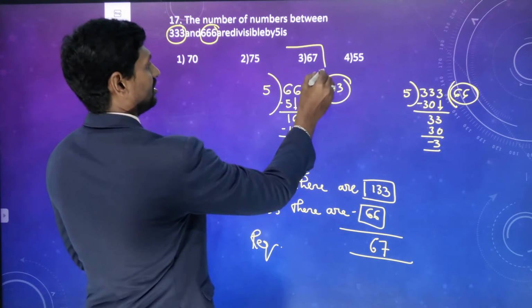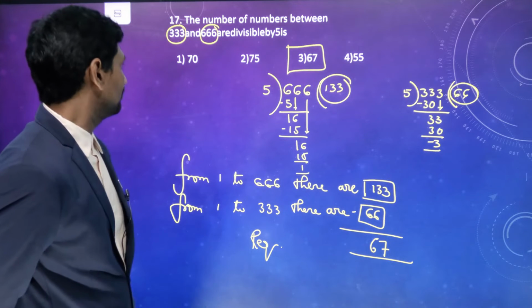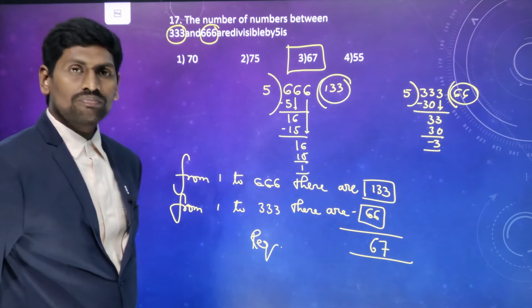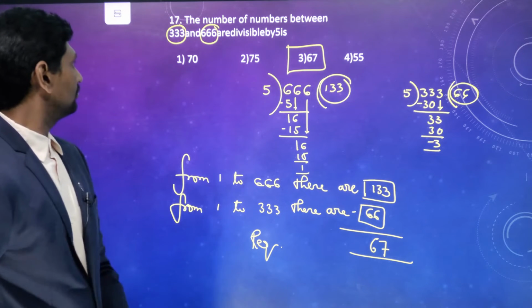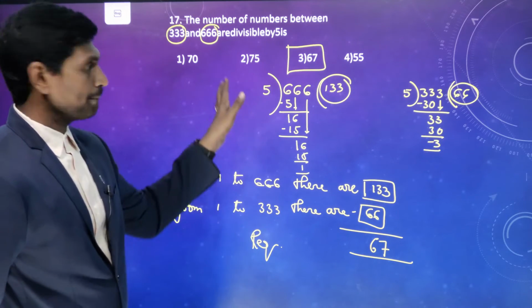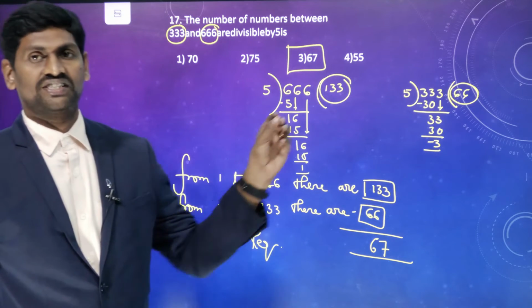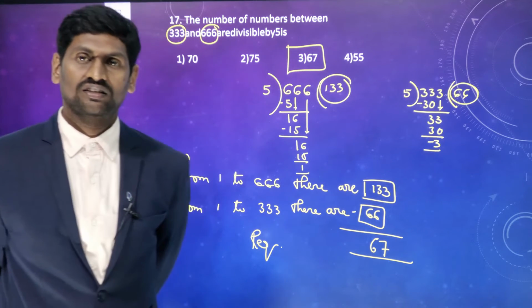That is nothing but option 3. Okay? Only the numbers which are divisible by 5 between 333 and 666.